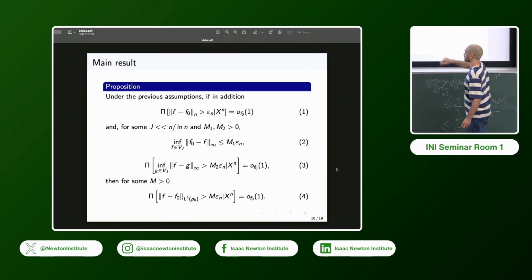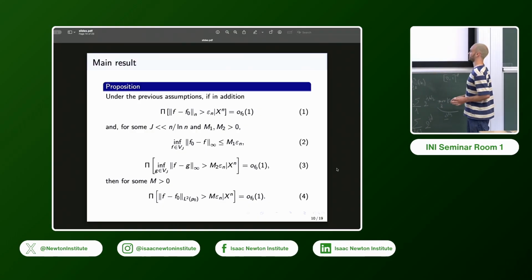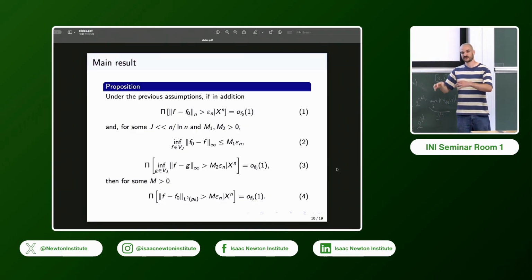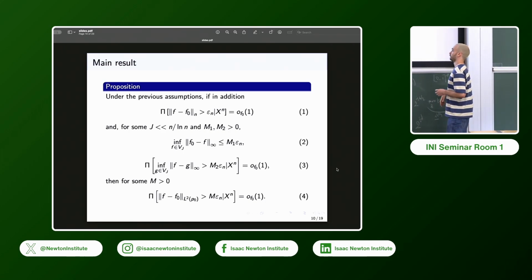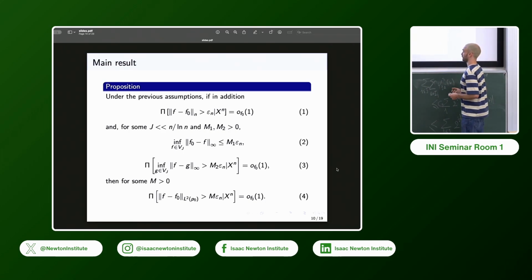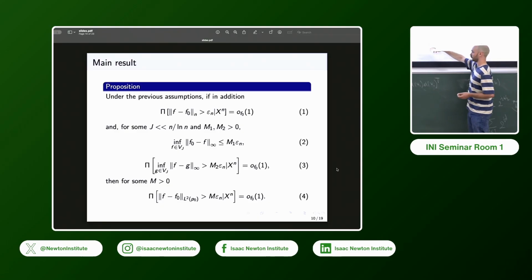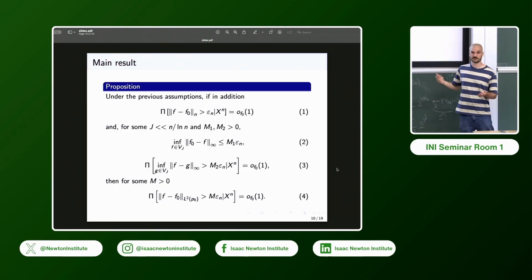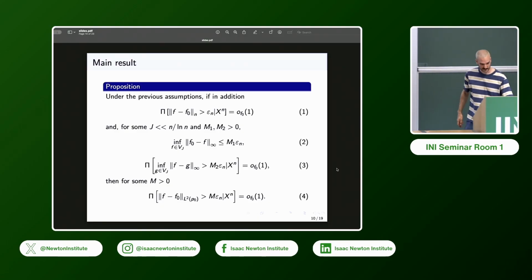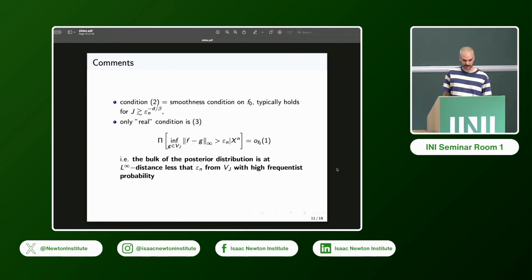Then, in that case, I can neglect what happens for the tail of the spectrum for this decomposition. I can apply my concentration inequality, and then I get directly for free an L2 contraction rate instead of an empirical L2 one.